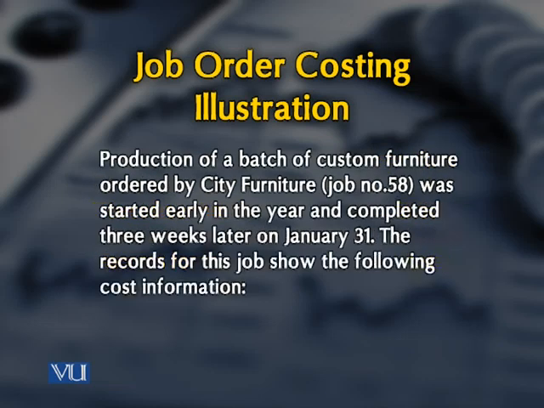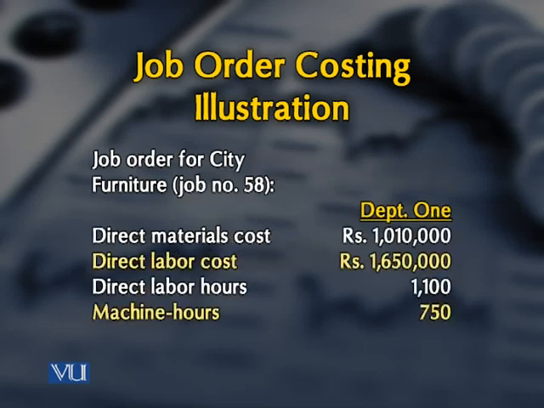Now, the production of custom furniture ordered by the city, job number 58, was started early in the year and completed 3 weeks later, say on January 31st. The records show the following cost information. In Department 1 on this particular job, the material cost was 1.01 million, and in Department 2 the material cost is 760,000.